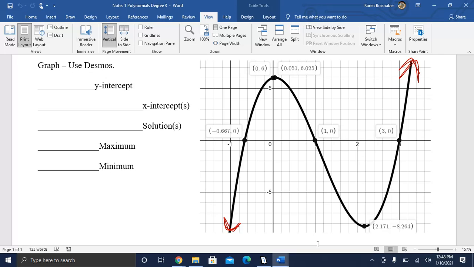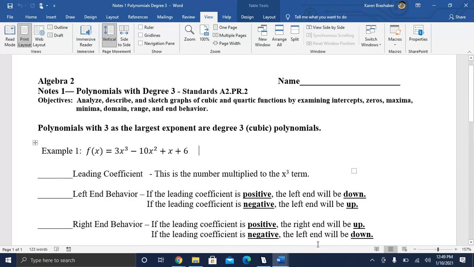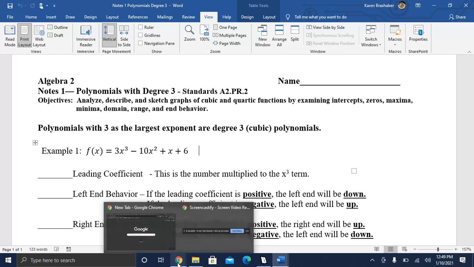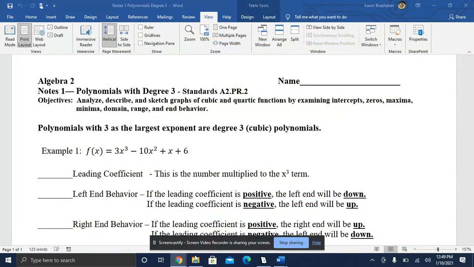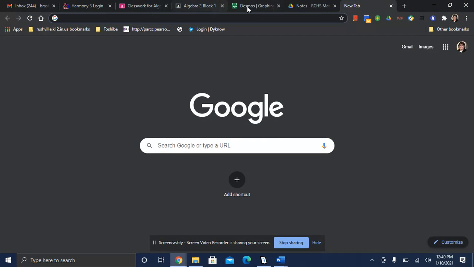All right, now you will be given problems to do and then need to type those into Desmos. So I wanted to take a minute and show you. So again, we're going to be typing in this 3x to the third minus 10x to the second plus x plus 6 into Desmos to look at the graph. So I've already got Desmos pulled up on one of my screens here.